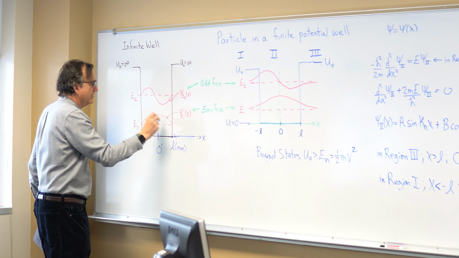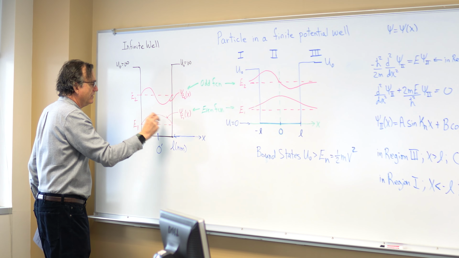Sine of minus k_n L plus B times cosine of minus k_n L. Because the sine function is odd and the cosine function is even, I'm going to rewrite this by bringing the minus sign outside of the sine and cosine and replacing them with their respective values.